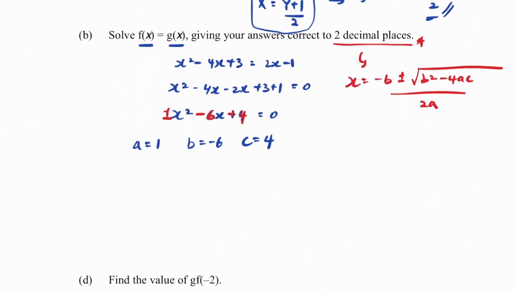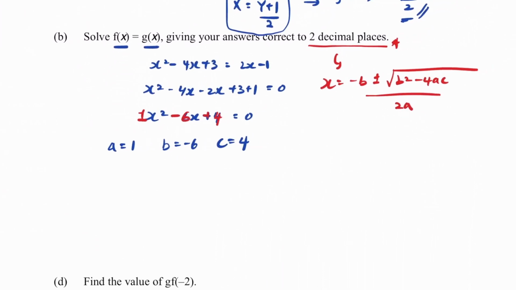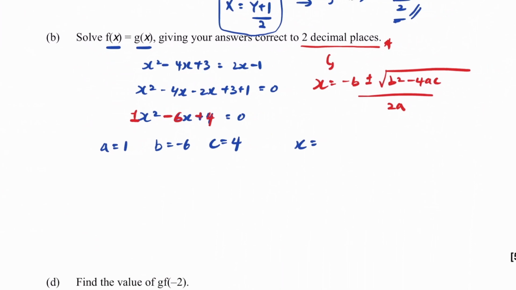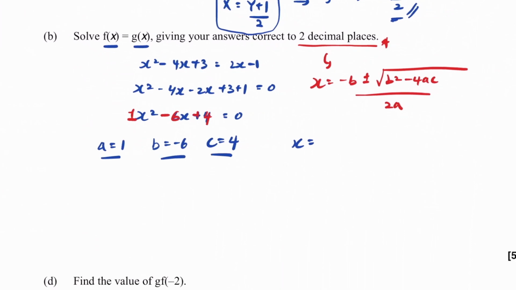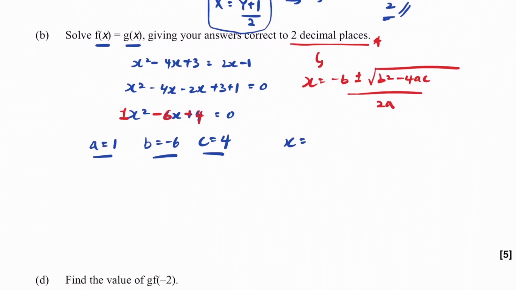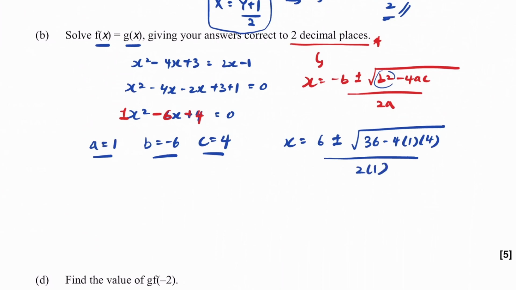Next, what you need to do is plug in the values of a, b, and c carefully into the quadratic formula. So minus b, minus 6, that will be 6, plus and minus square root of b squared, with negative 6, that should be 36, minus 4ac, over 2a. So 6 plus and minus square root of 36 minus 16, 4 and 4 will give you 16. So 36 minus 16, that will be square root of 22.